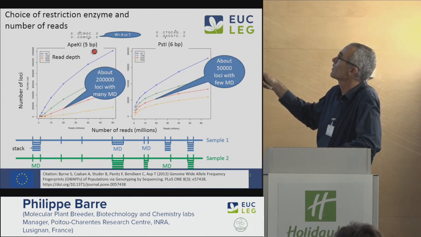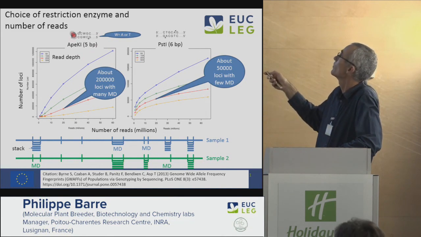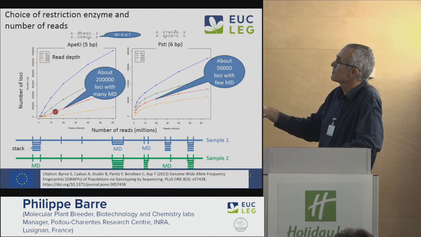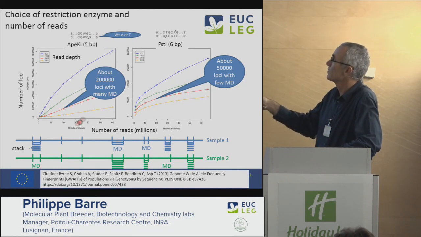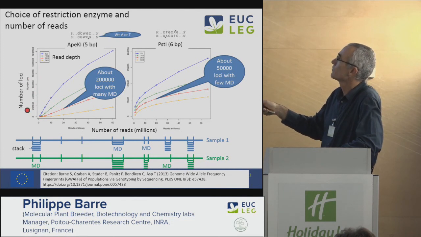So it's quite a frequent cutter compared to PstI here. On the x-axis, you have the number of reads in millions, and on the y-axis, you have the number of loci.